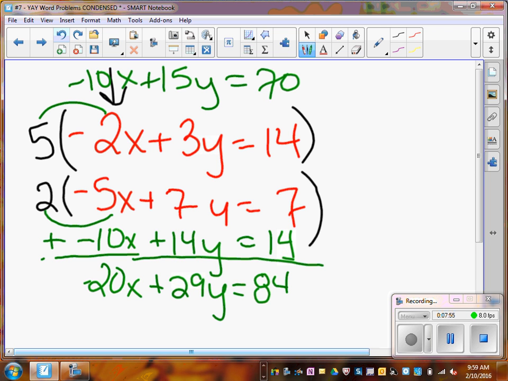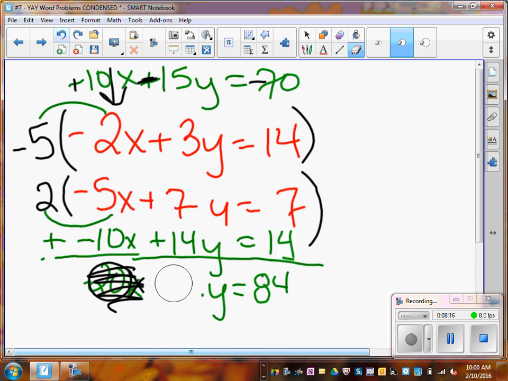Because if I were to accomplish that, so if I were to have that negative in front, that would make this a positive 10, a negative 15, and a negative 70. So then positive 10 and negative 10 would be 0x. That would cancel out. And then here we would end up having negative 1y.